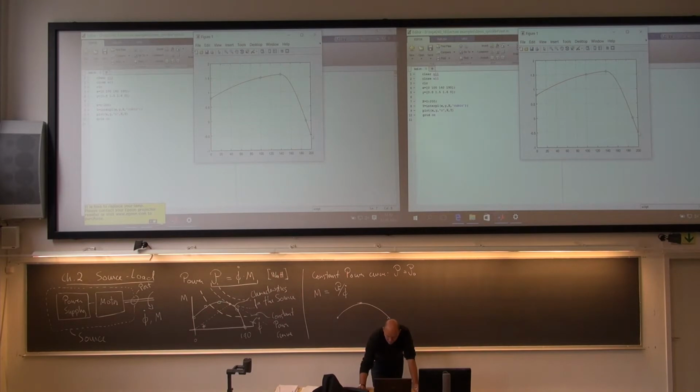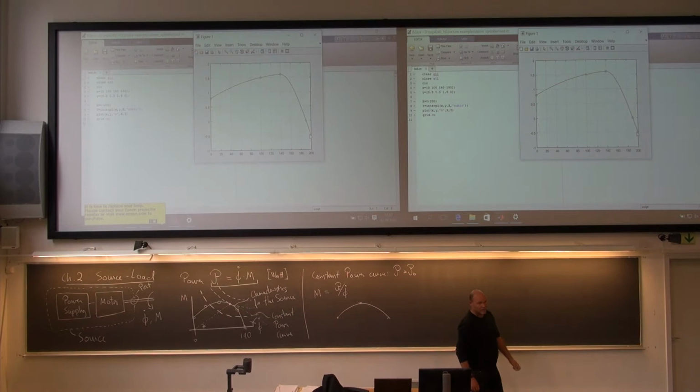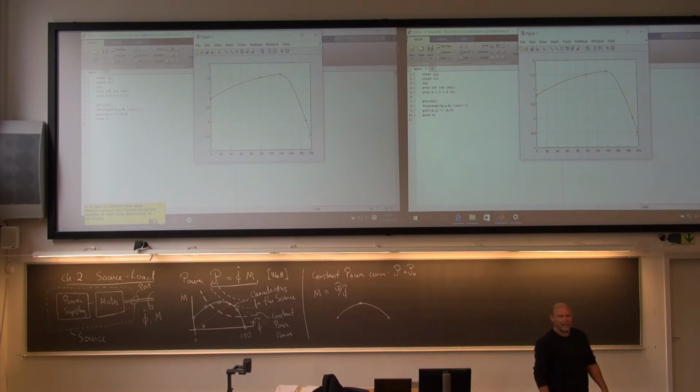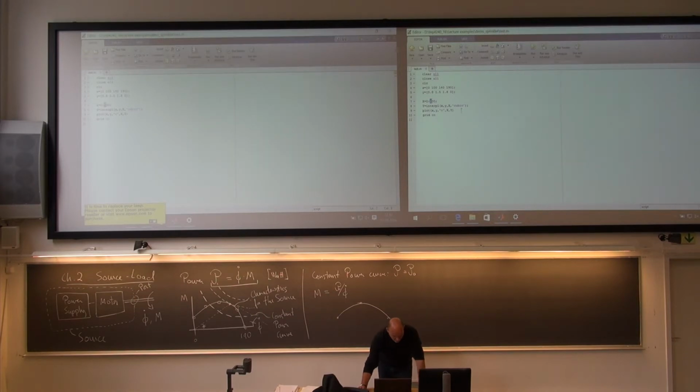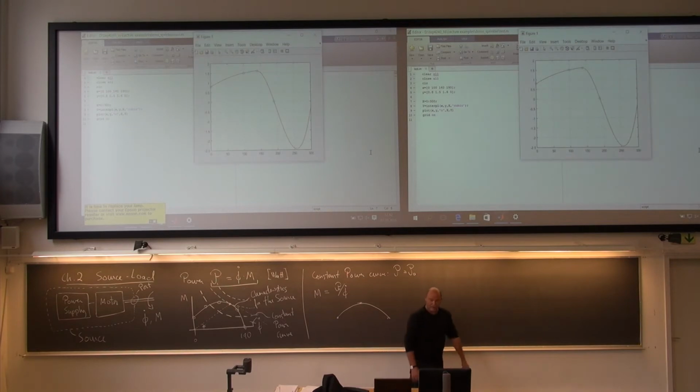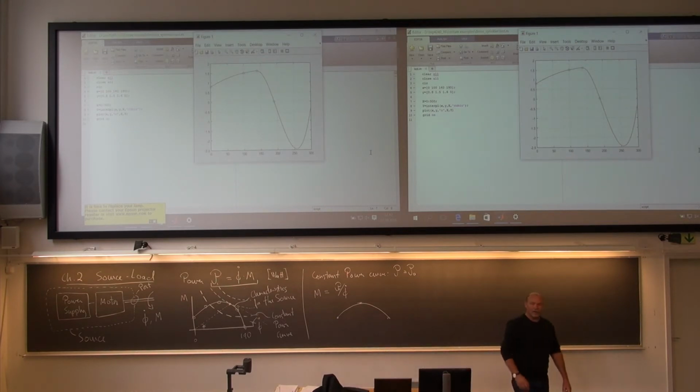Then you see it goes negative. That's interesting. A source with a negative power. I would like to see that. So it sort of sucks the energy into itself instead. Rather strange. And if you continue, say go all the way up to 300, okay, then things are getting very messy indeed.